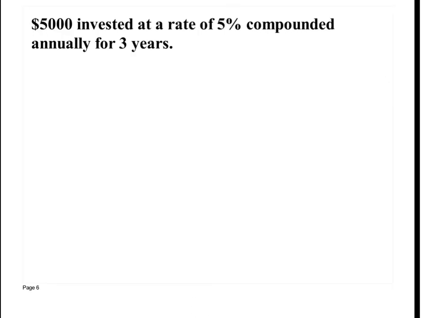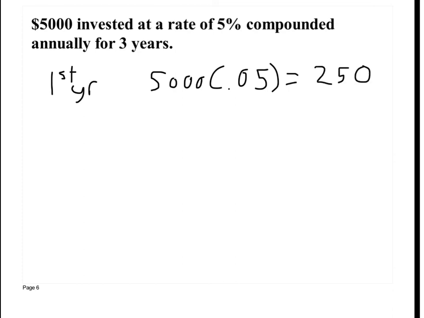$5,000 invested at a 5% rate, compound annually for 3 years. So we got to do year 1, first year, at 5,000 times 0.05. I changed my 5% to a decimal. That gives me $250. So I made $250 just by keeping my money there and not touching it. I made $250.